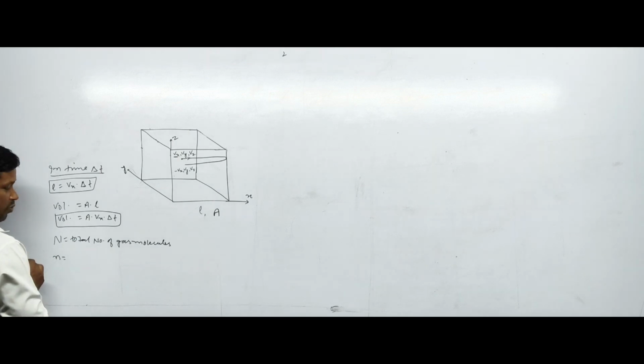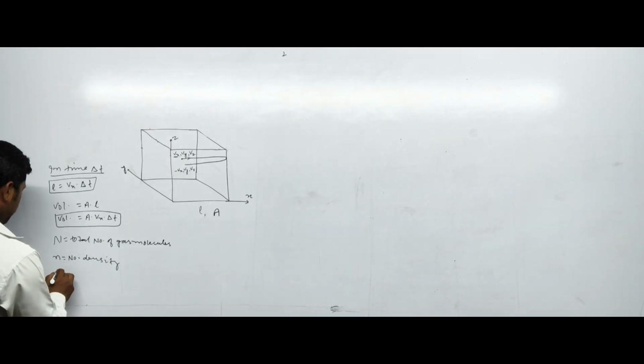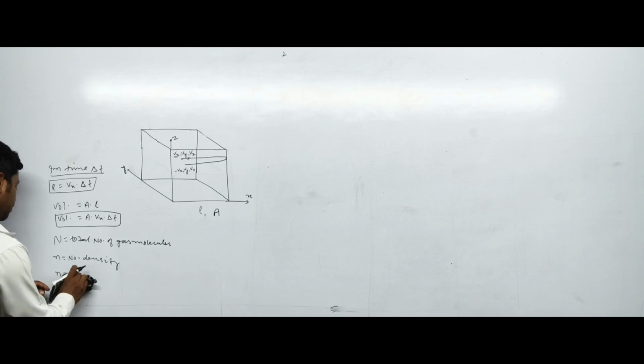And small n is the number density, where small n is equal to capital N upon volume.